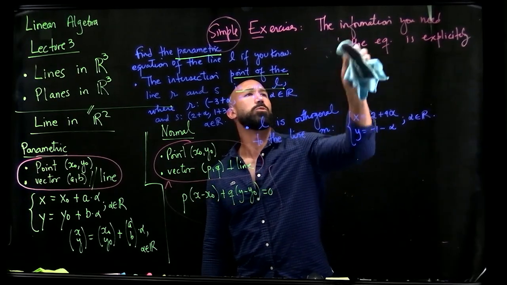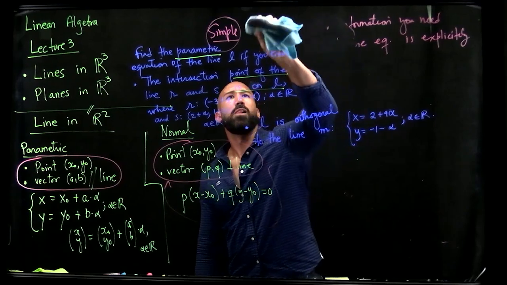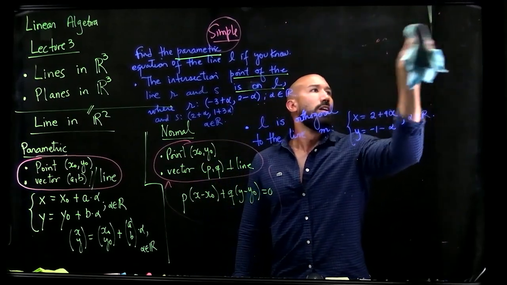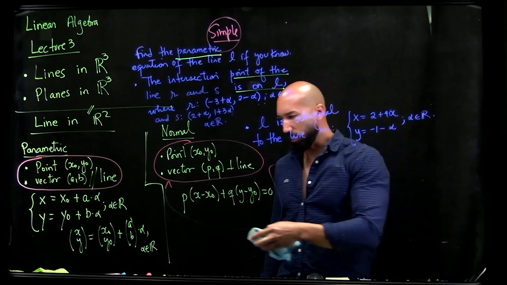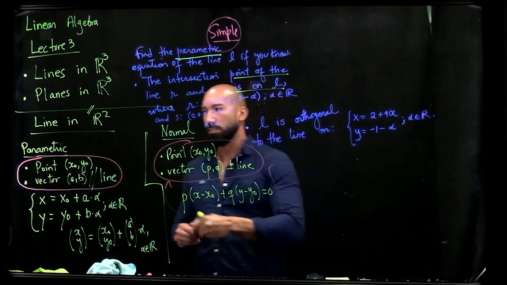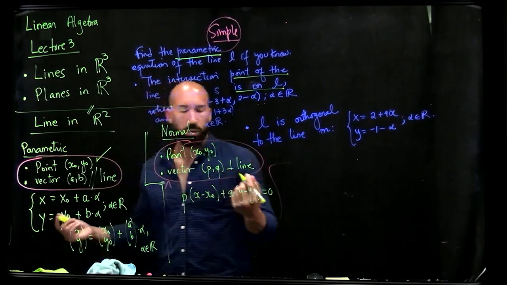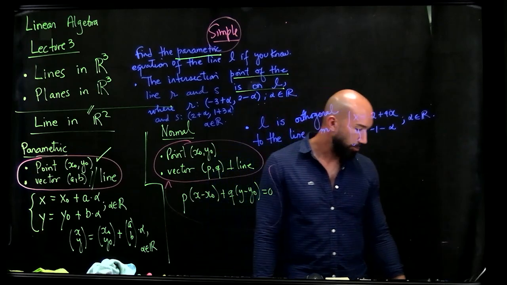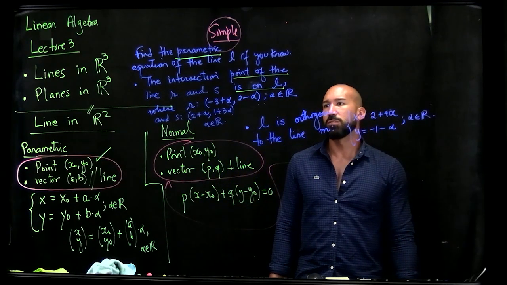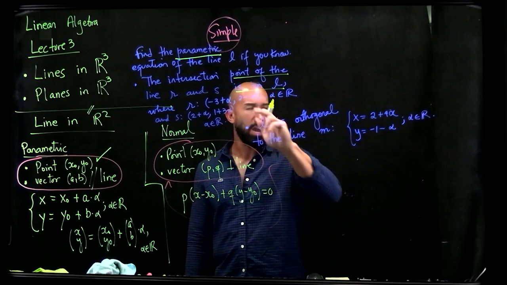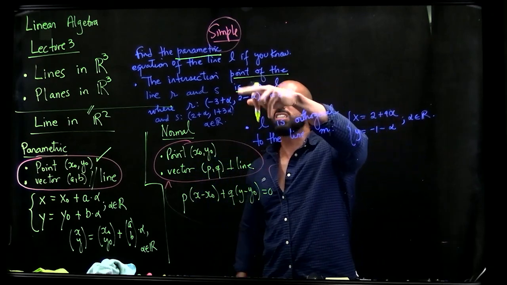How can we solve this problem here? All right. So first, we need to discover our point, and then we need to discover our parallel vector. How can we get the point? Well, what we have is the following. What is this telling us?